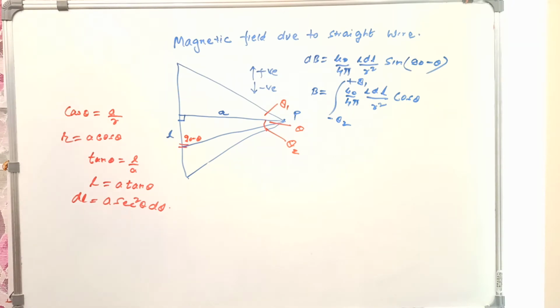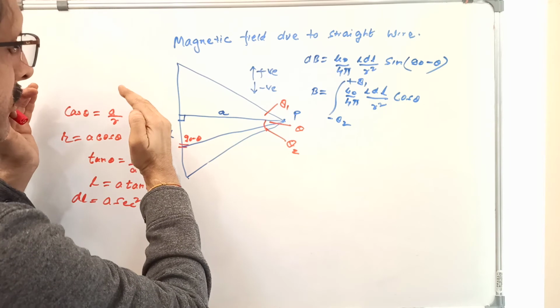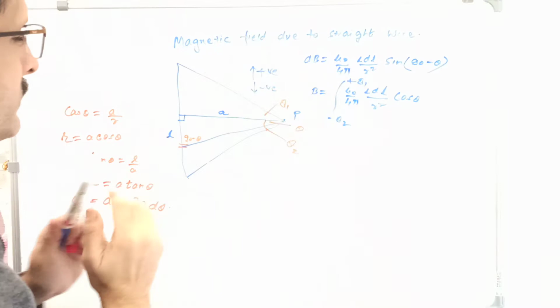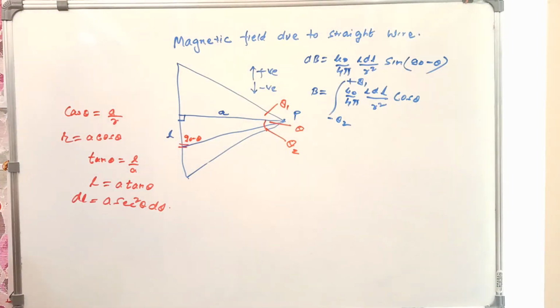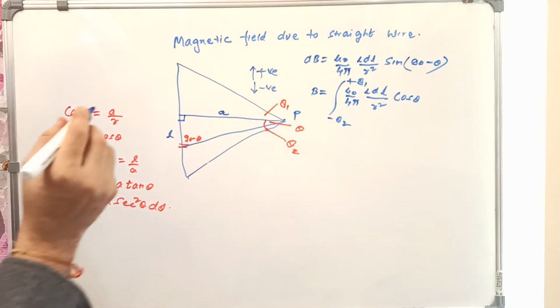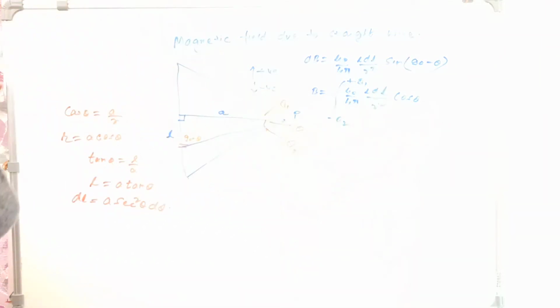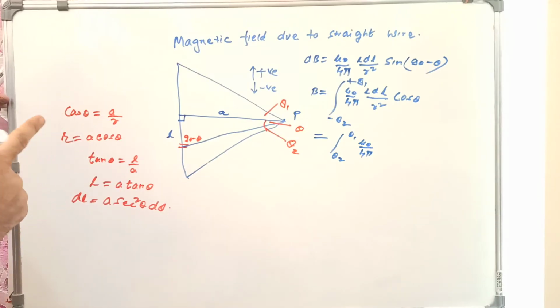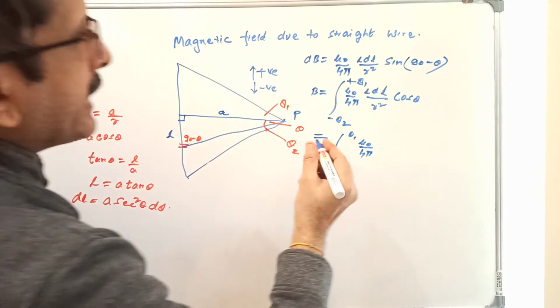Okay, now whatever we have prepared here, these are the ingredients of this, so I will be putting it there. Now what I will do is, I will take whatever is common out of it. So if I put it this way, then this becomes theta 1 to theta 2, mu naught by 4 pi, correct? In place of I, let me put I itself, because I is a constant.